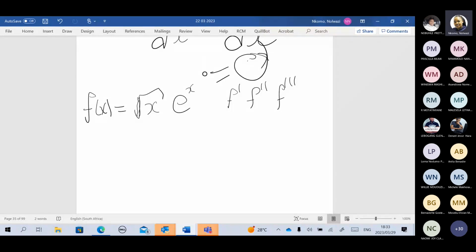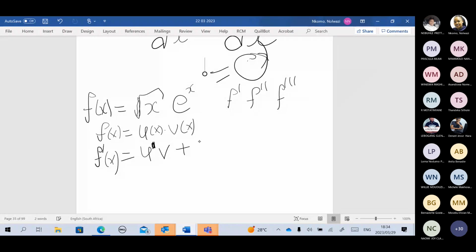The product rule says if f of x is given as u of x times v of x, then the derivative of f with respect to x will be: you differentiate the first function, which is u, you keep the second function as it is, then plus you keep the first function, you differentiate the second function. Okay, this is the rule that we use here.